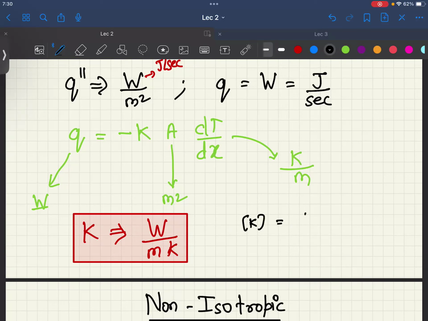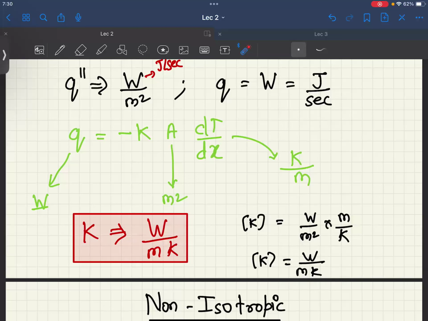K का यूनिट रहेगा watt by meter square multiplied by meter by Kelvin. So unit of K is going to be watt per meter Kelvin, right?